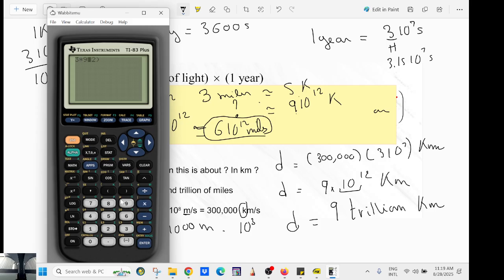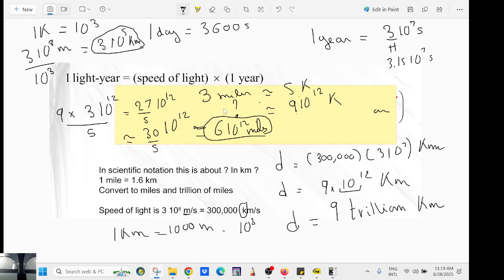You cross multiply, divide by 5, and it's about 6. That should be 3.1, so I'm rounding. You should be rounding down. Yeah, but it's about. Because here it's not really 3, it's 3.1.